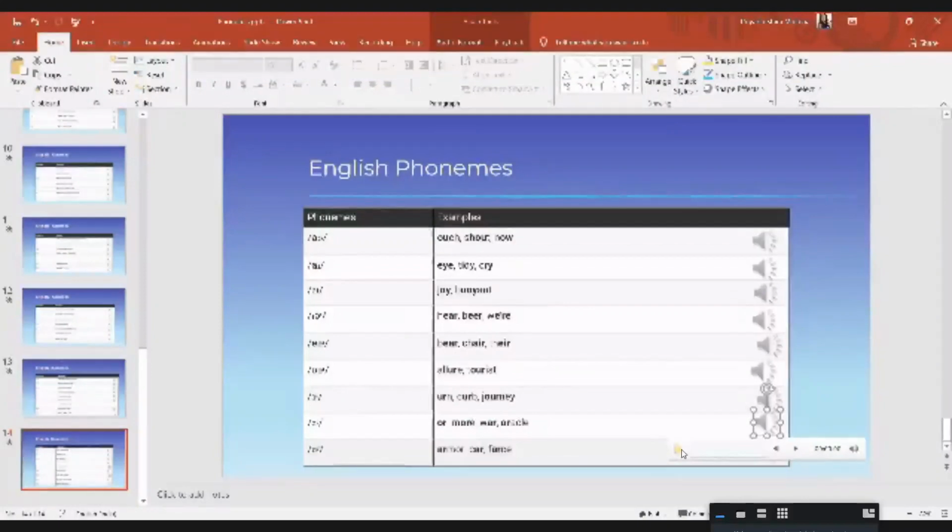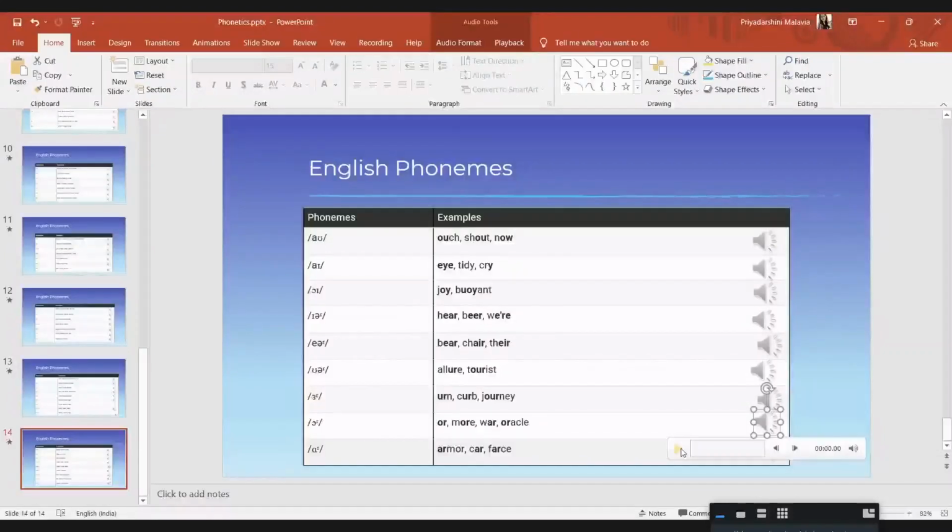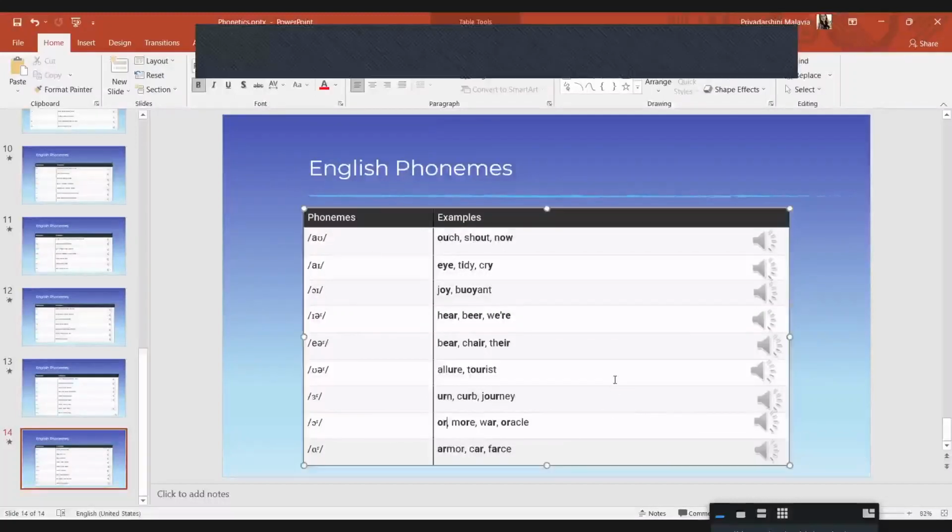In their accent, it is pronounced differently than in ours. In India, we say it one way, and we don't say it the other way, so in our accent it comes more under a different sound. But if I put an E over here, then even we will pronounce it as or. So or, more, war.